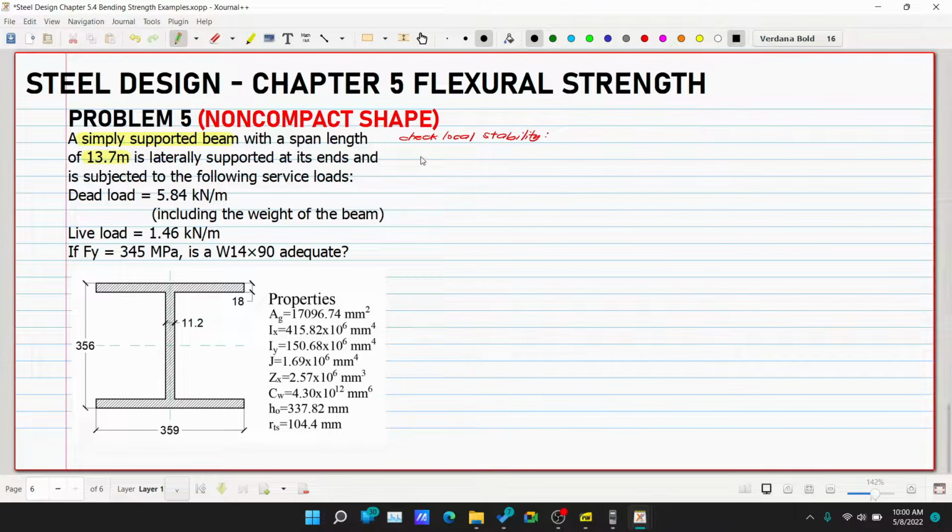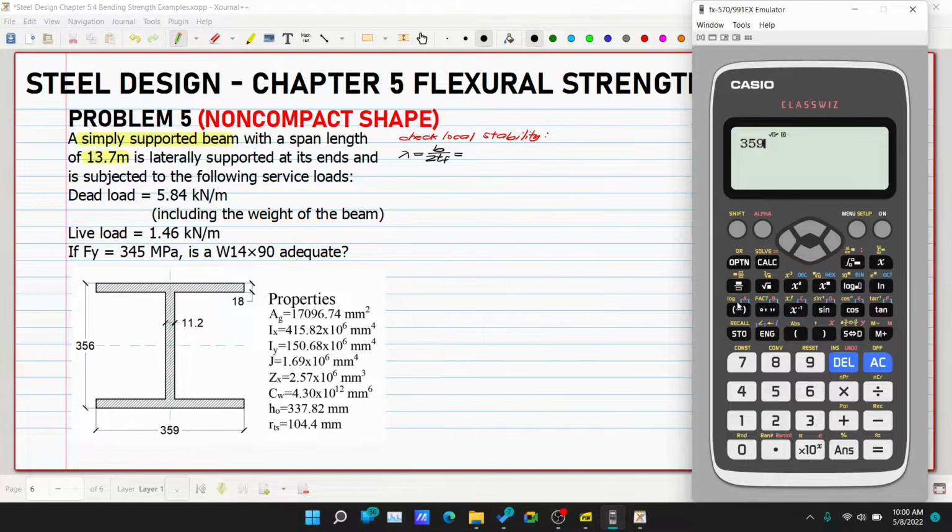So let's solve our lambda, which is b over 2tf. Our b here is 359, so 359 over 2 multiplied by tf. Our thickness is 18. So this is 9.972.